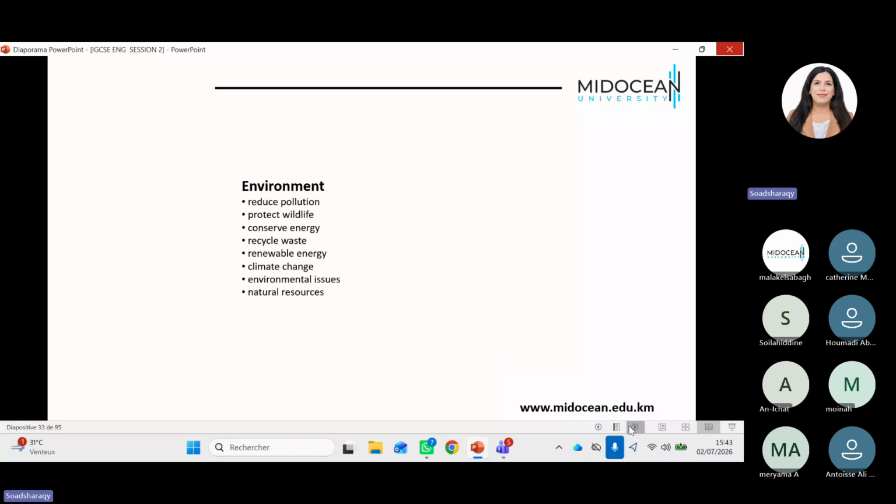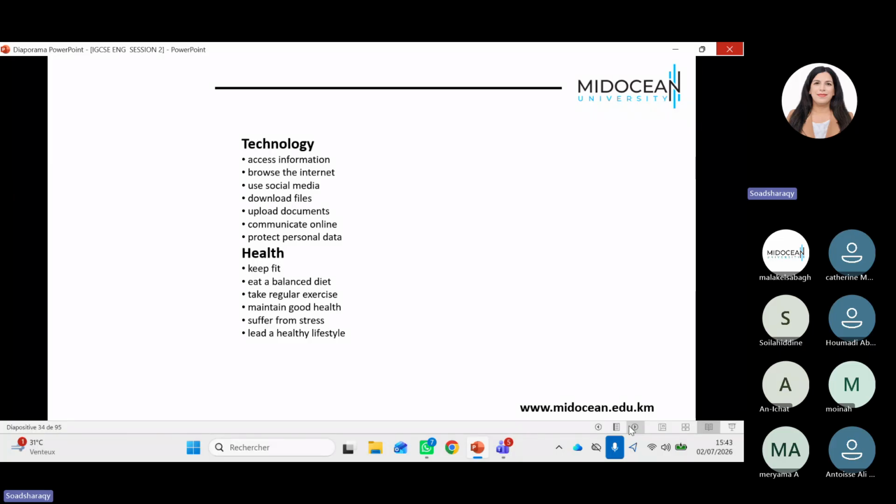Collocations about technology, we say access information, browse the internet, use social media, download files, upload documents, communicate online, and protect personal data. Health, for example, keep fit, eat a balanced diet, take regular exercise, maintain good health, suffer from stress, lead a healthy lifestyle.